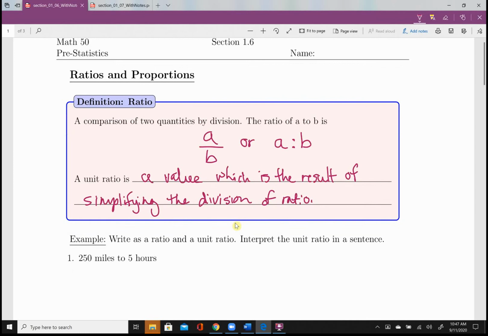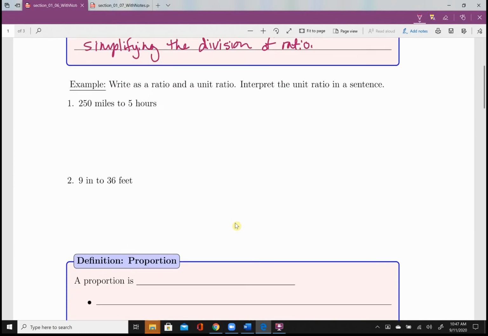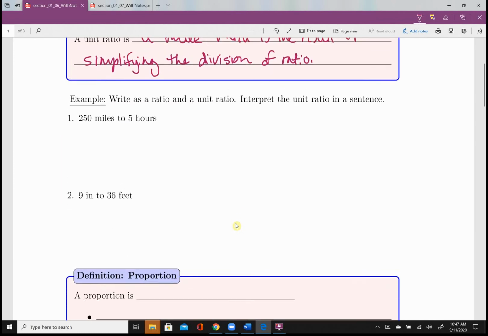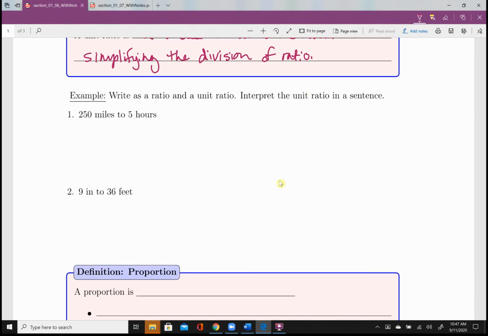Okay, great. Let's go ahead and write each of these as a ratio and as a unit ratio and interpret the unit ratio in a sentence. So let's go ahead and set up 250 miles to 5 hours. So this will be our ratio.